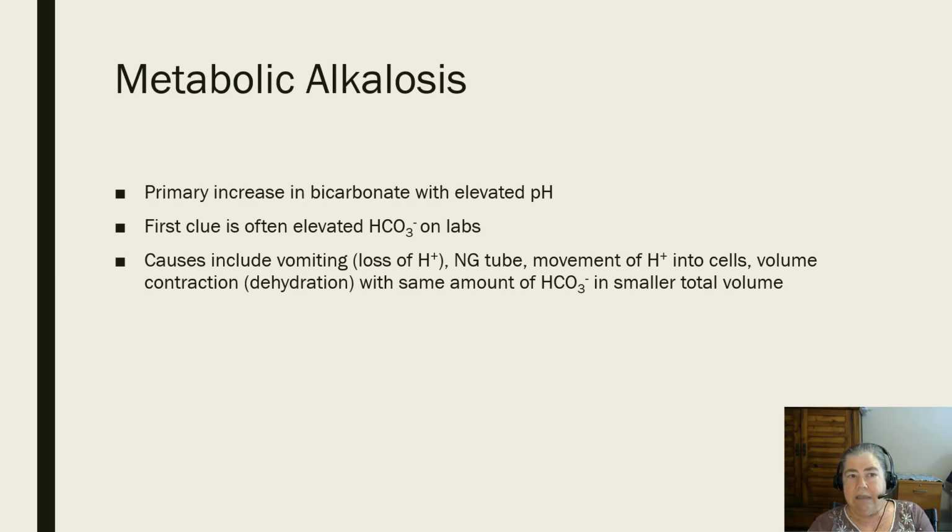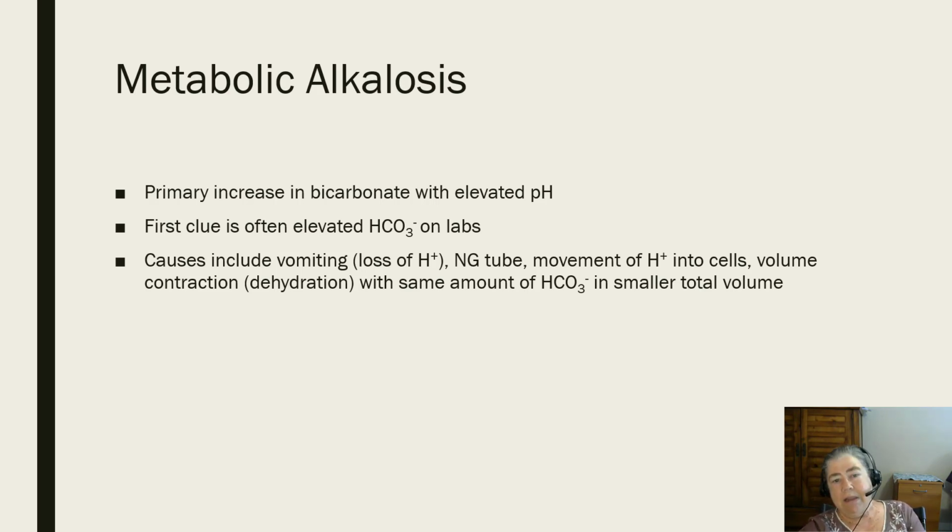Another thing that can cause metabolic alkalosis is when hydrogen ions move into cells. This can happen also with volume contraction with dehydration if the amount of bicarb is the same, but it's in a smaller total volume. So not taking water in.